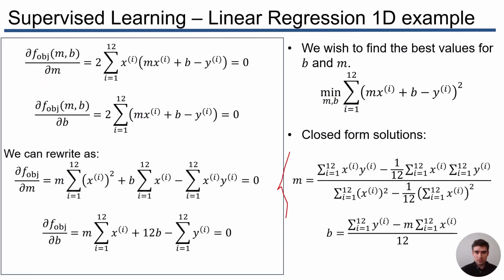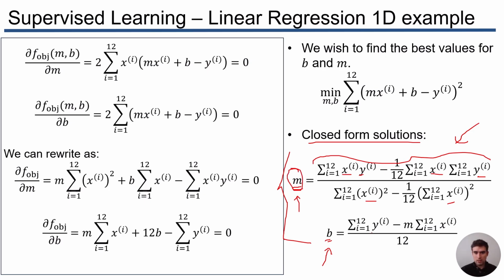So now I can get what we call a closed form expression. It simply means that I have this optimal m and this optimal b. And notice that both of these are only functions of the data points. I don't have anything else apart from the data points, which I've already collected previously. So I simply plug in the data points that I have, and I get my optimal m.